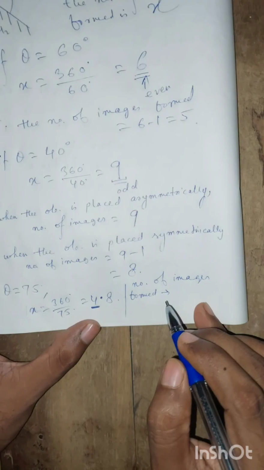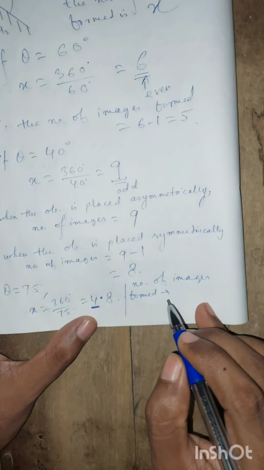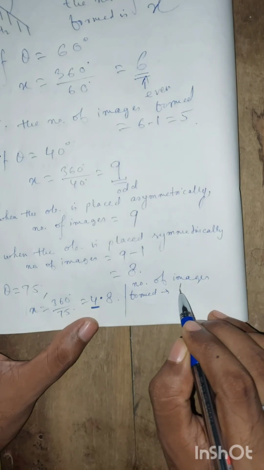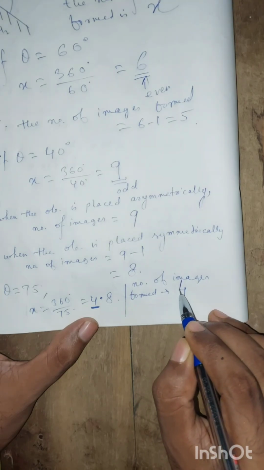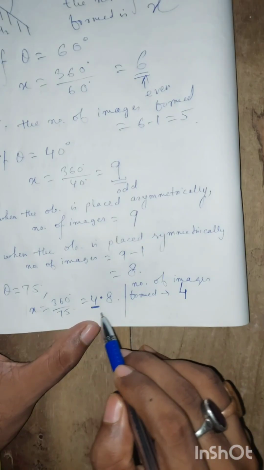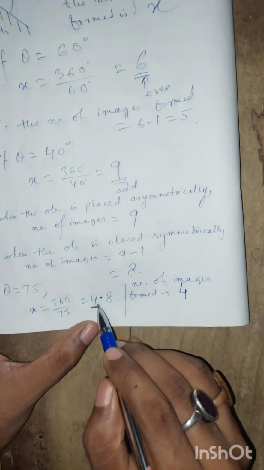So we are only taking the whole number part, that is the number of images formed is 4. So when it comes in a decimal number we only take the whole number part.